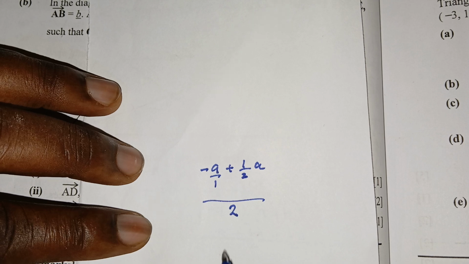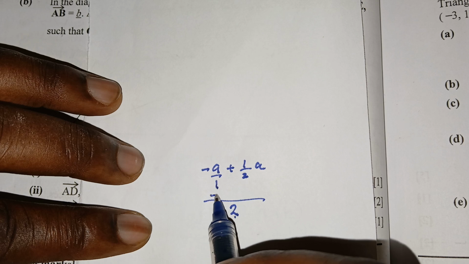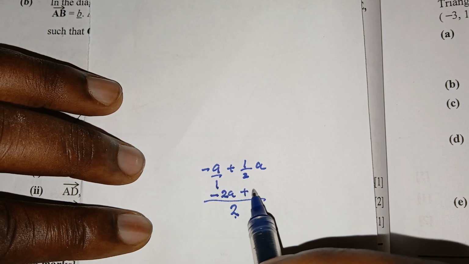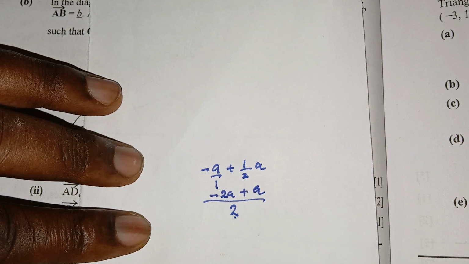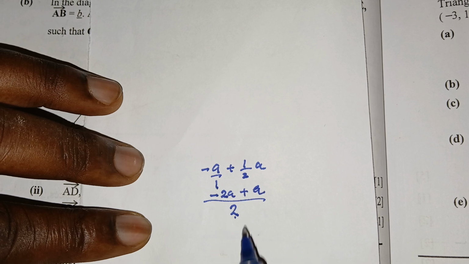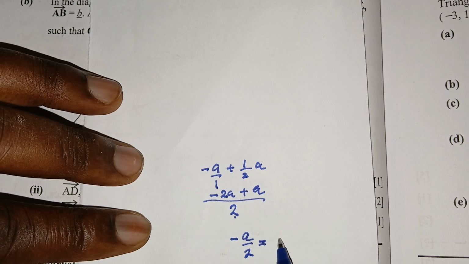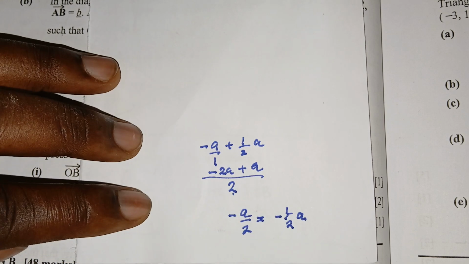Then we say 1 into 2, it's going to be 2, so I'll have negative 2a plus 2 into 2, it will be a. I hope you're getting this one. So we are going to end up with minus a over 2. This minus a over 2 is just the same as negative half a. We could write it this way. I want you to understand that.